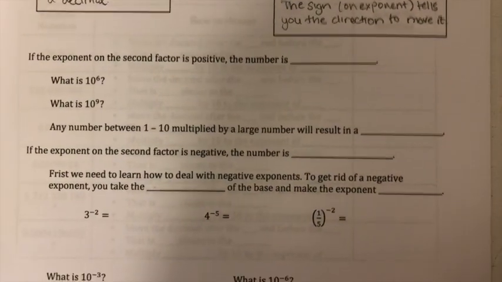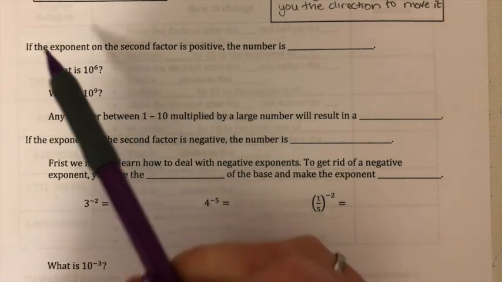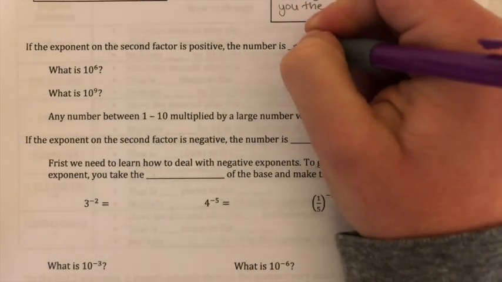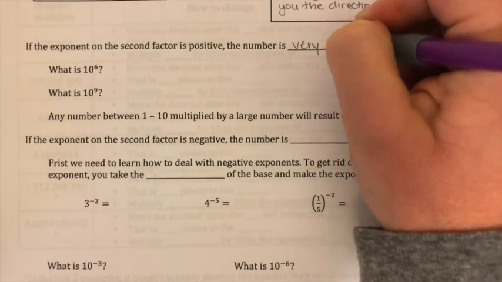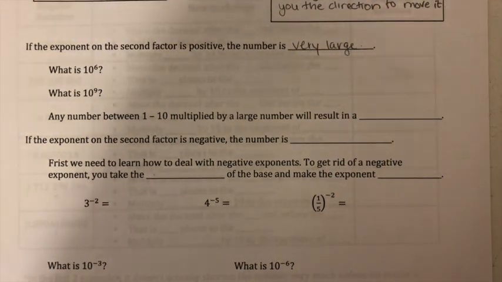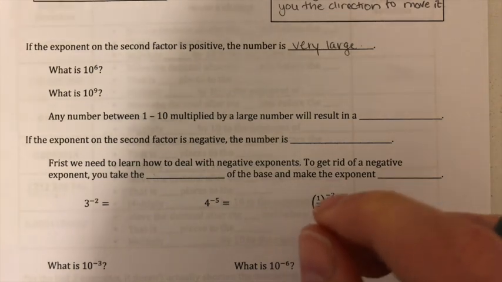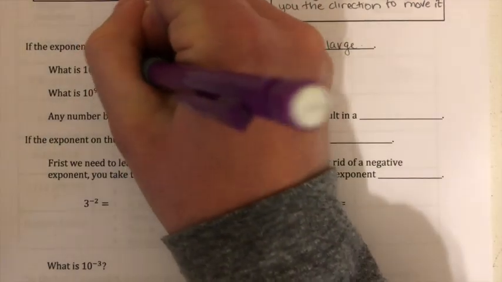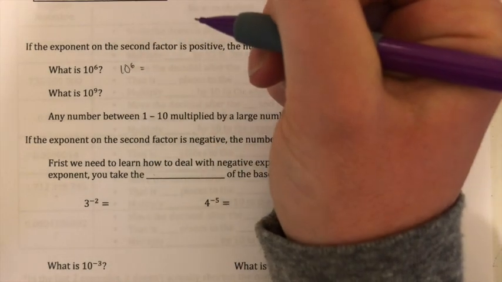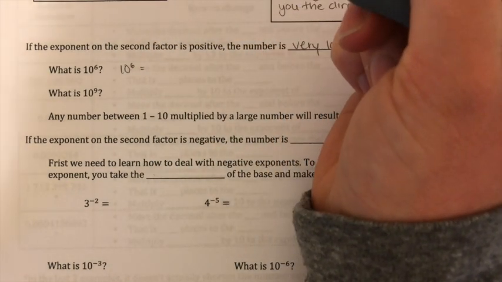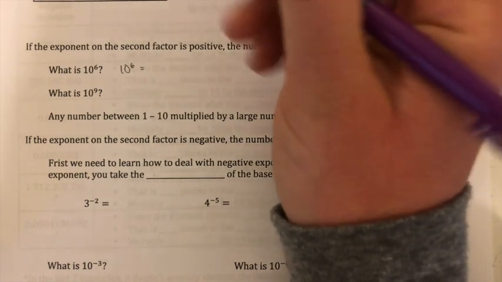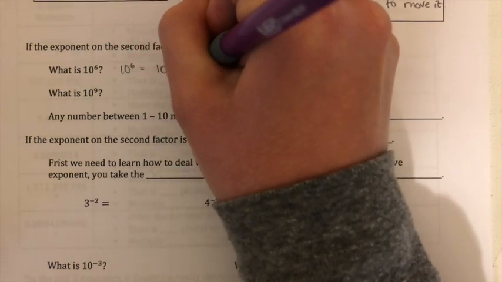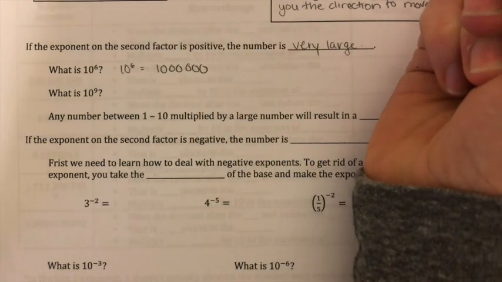So we're going to talk a little bit more about it. If the exponent on the second factor is positive, that means the number is very large. So if we have something like 10 to the 6th, and again, you guys could do this on your calculators or by hand, 10 to the 6th is going to be 1 million.